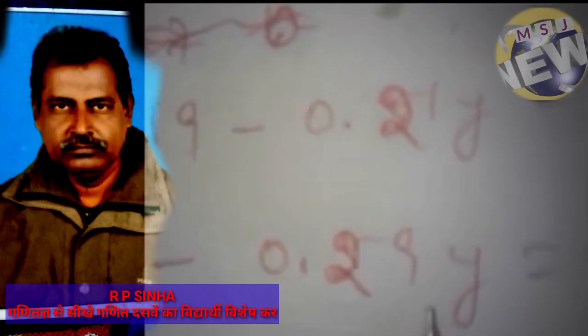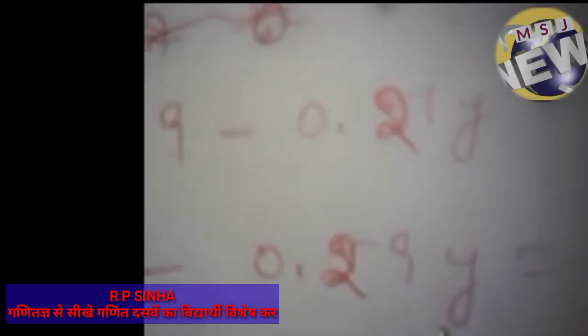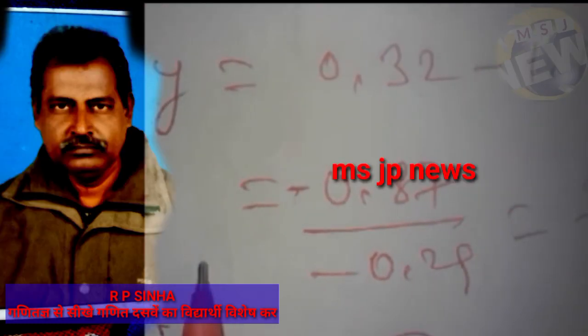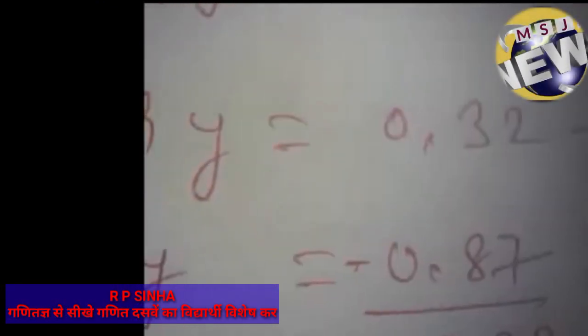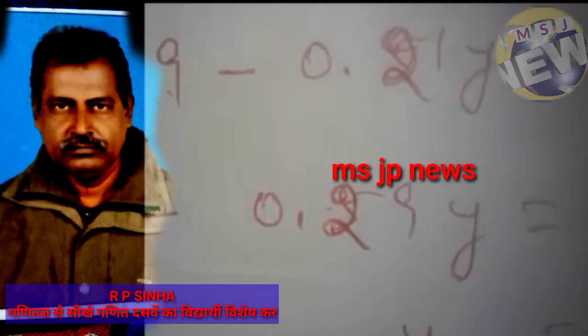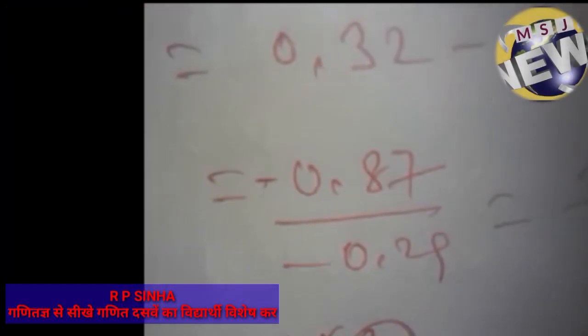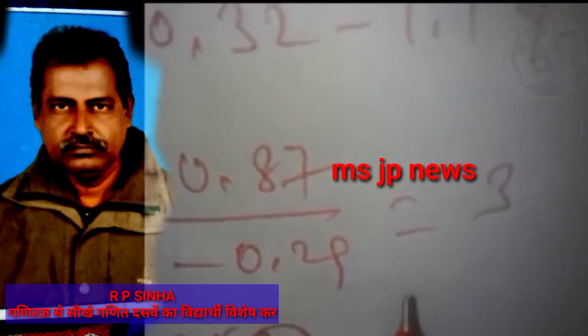Now, to find the value of y, we take the minus 0.29 to the RHS, and we get minus 0.87 by minus 0.29, which gives us the value 3.